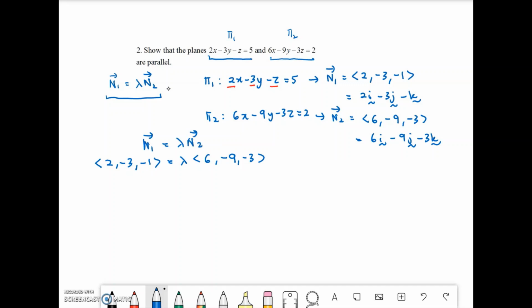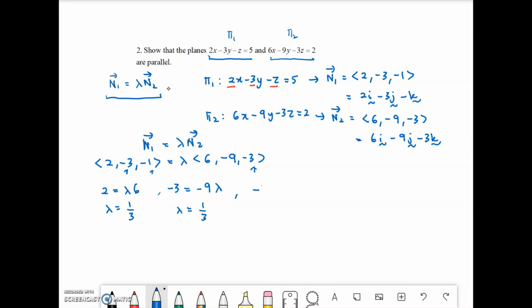Okay, so now we check one by one. So 2 is equal to lambda times 6, where lambda is equal to 1/3. For y and z, we should get the same lambda. To check this, we just equate: minus 3 equals negative 9 lambda, so lambda will be equal to 1/3.